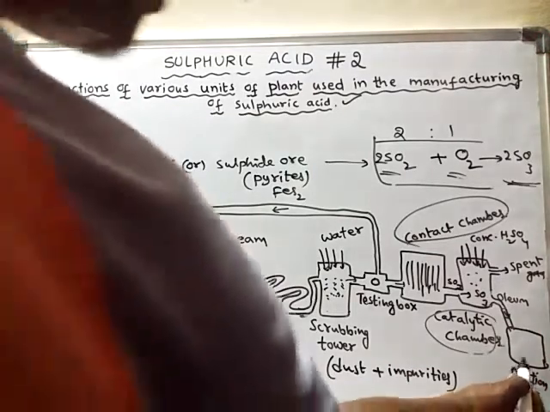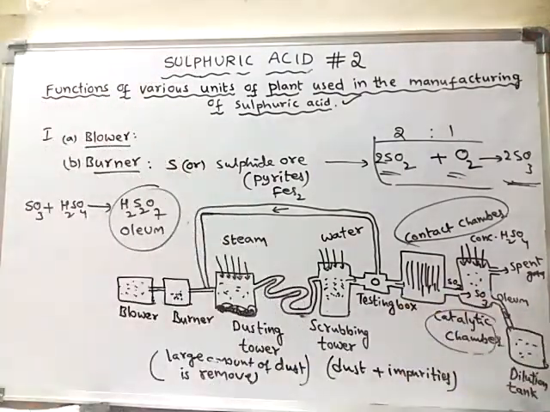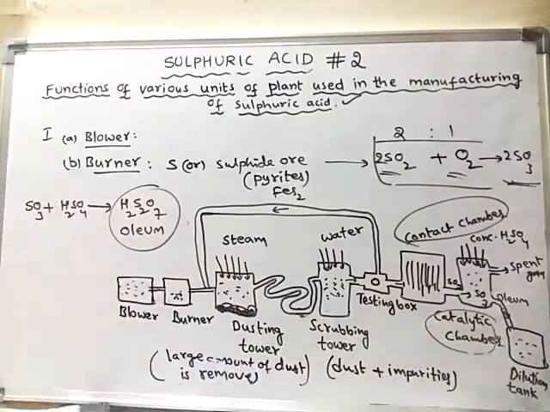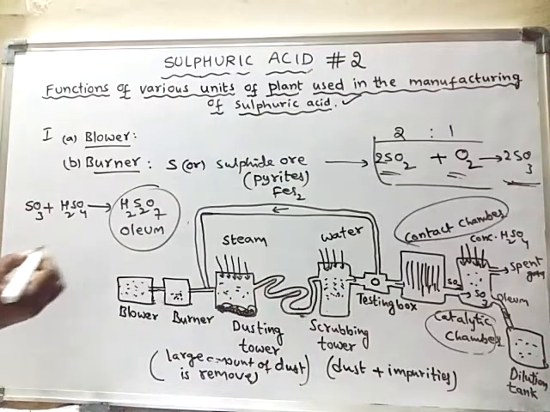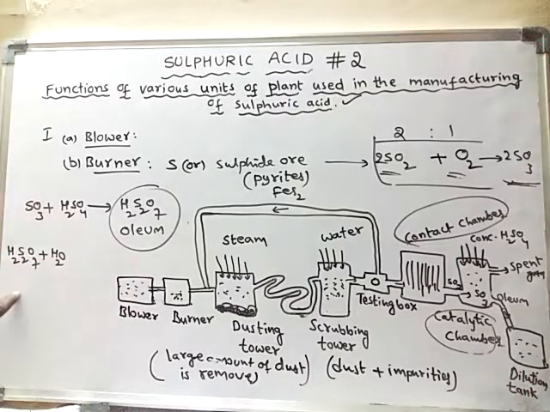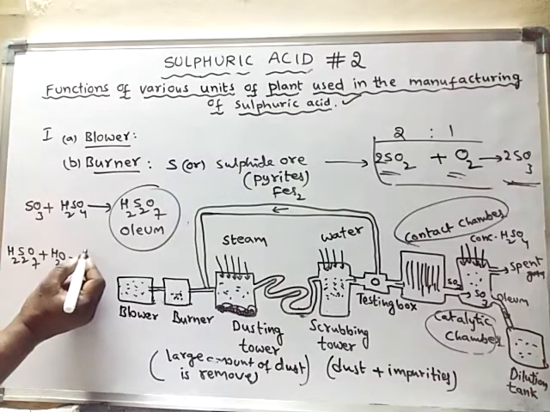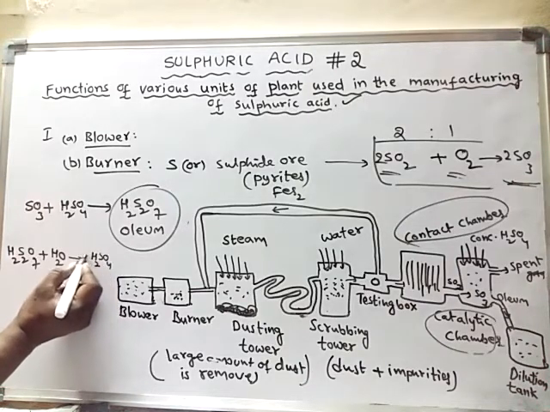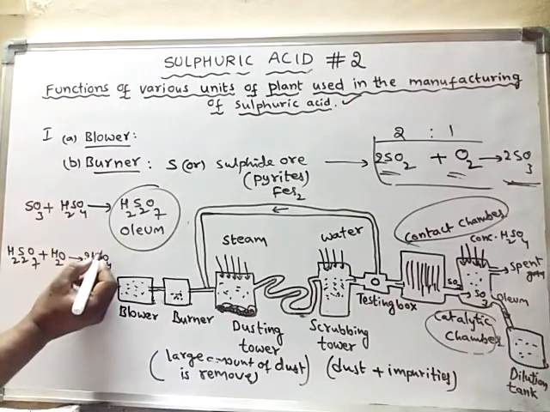In the dilution tank, the oleum is mixed with a calculated amount of water, so that finally concentrated sulfuric acid is formed.